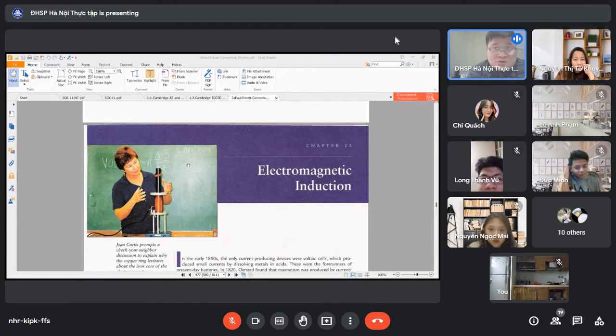in which we have a coil, and then the coil is connected to a certain battery, and when we switch on the circuit, then the current through the coil is increasing.